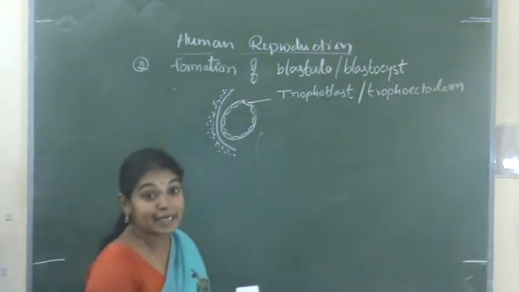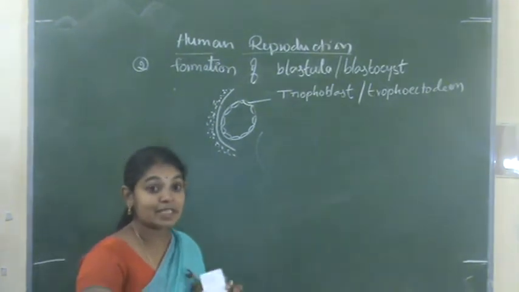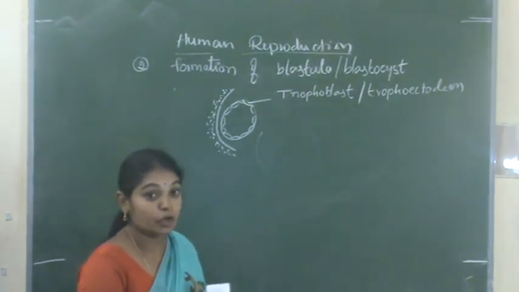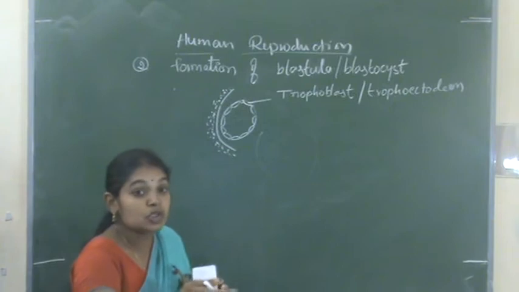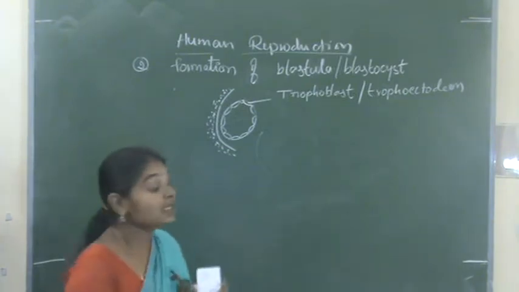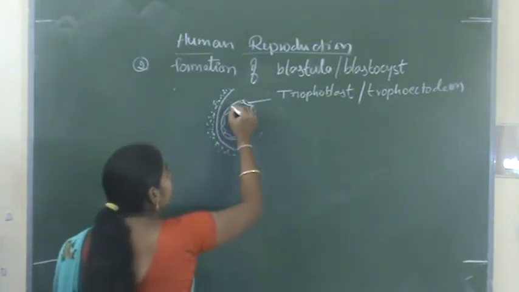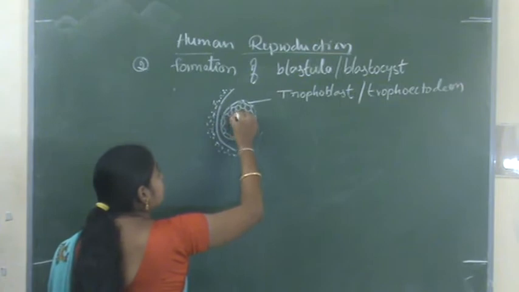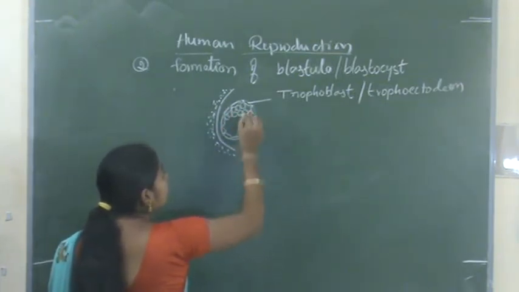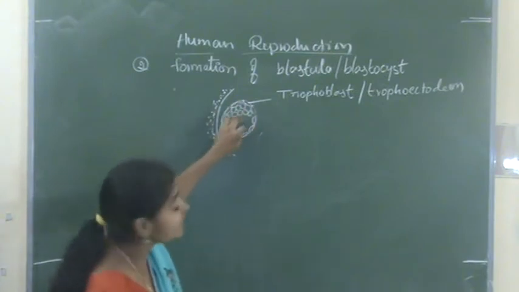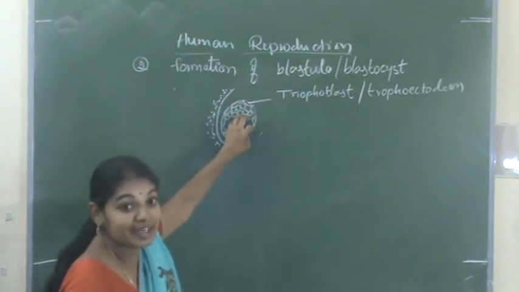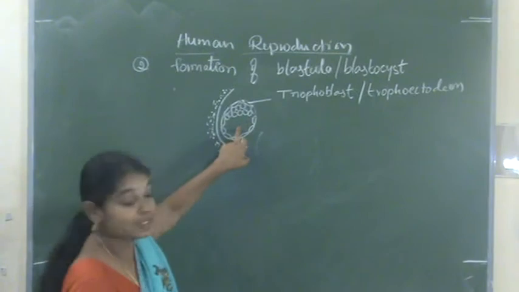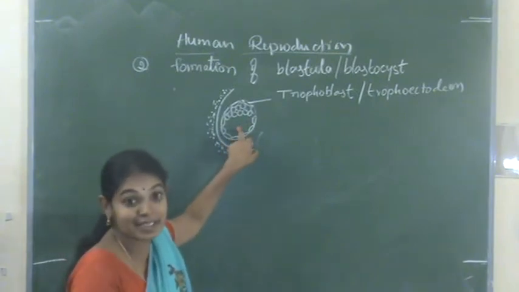And then the bigger cells which are present in the center of the morula move to one end of the structure. In the morula, the entire central part is filled with these larger cells.